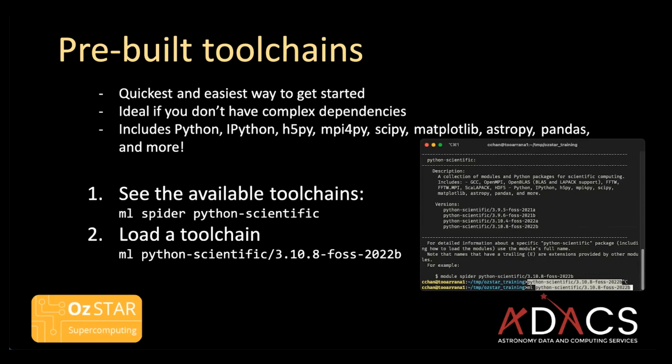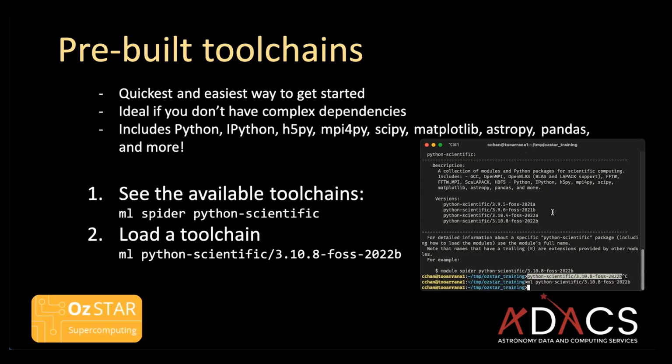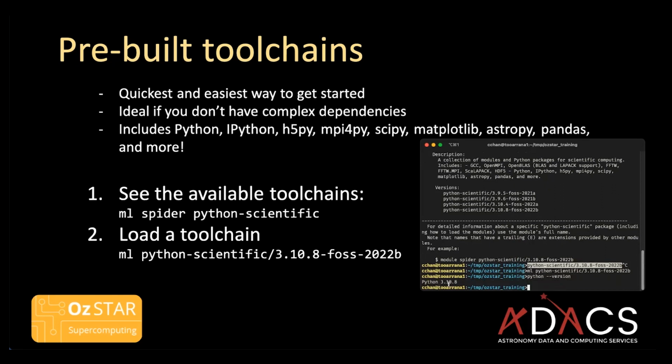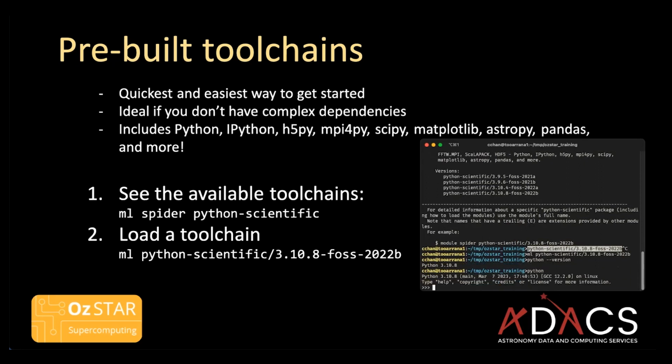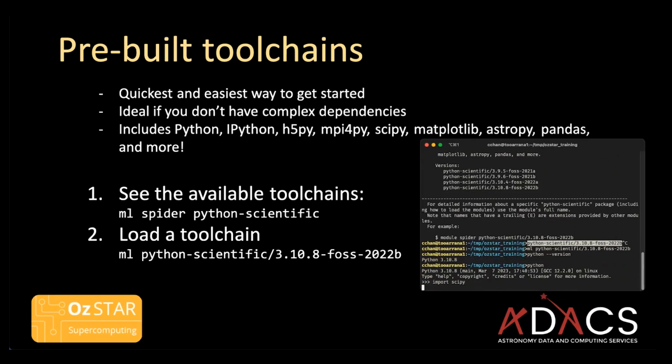The module load this toolchain. And now the Python version in my environment is going to be Python 3.10. And all of these packages are now going to be available. So I can go import SciPy, for example, and that will work.